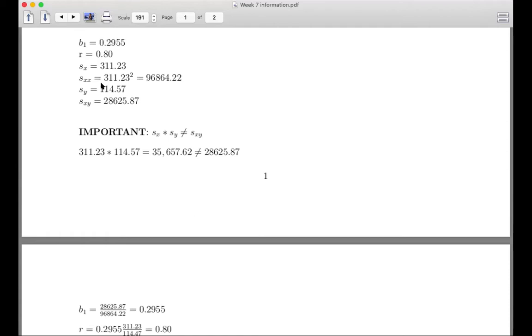It compares the X values that you observe in your data set to the X bar value, and it looks at the Y values in your data set and compares them to the Y bar value. So that's because you compare them to their respective means, so you can understand whether it's a high value of X and Y or a low value of X and Y. That's why you compare them to their means.